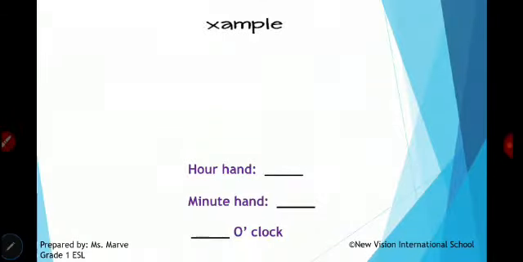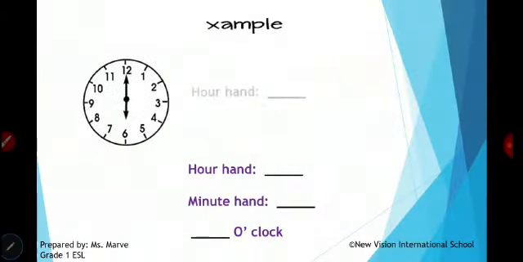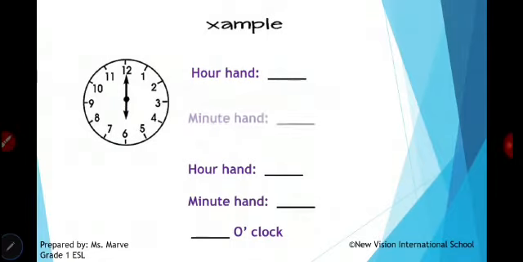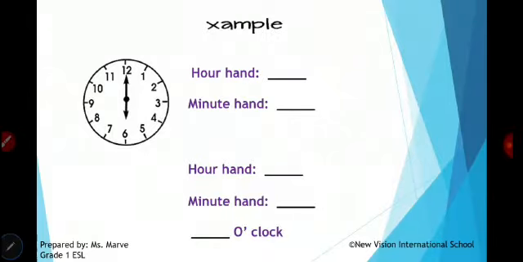Here's another example. Here we can see the first clock. What is the hour hand? Correct. It is pointing to 6. You can write it here. How about the minute hand?